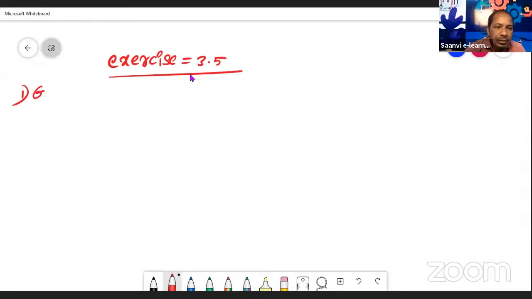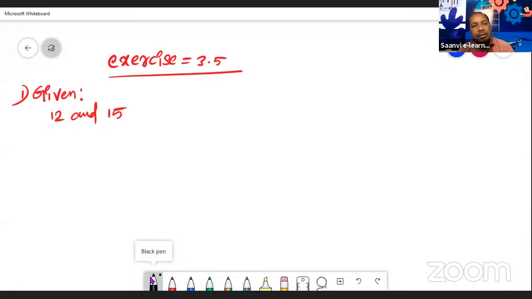First bit. Given, what are the given two numbers? 12 and 15. So we have to find the LCM of 12 and 15 by prime factorization method.